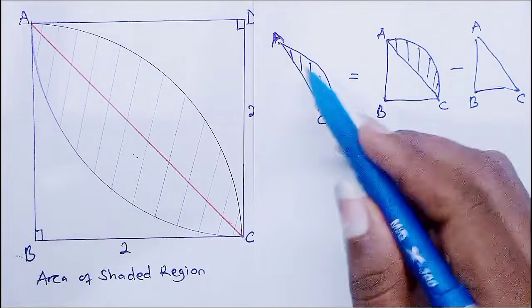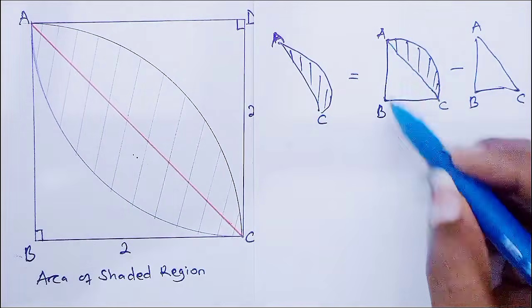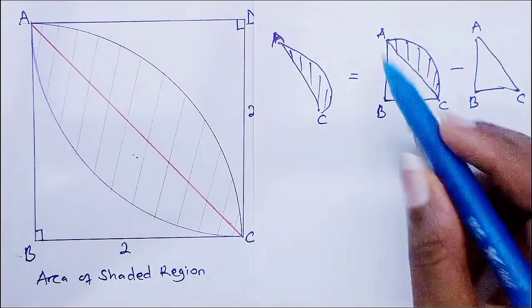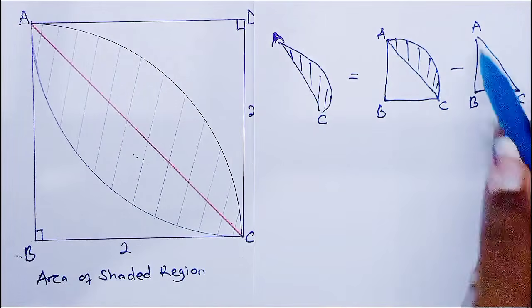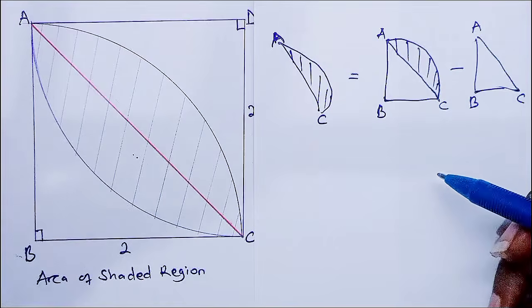So this part of the shaded region is equal to this quarter circle minus this triangle.